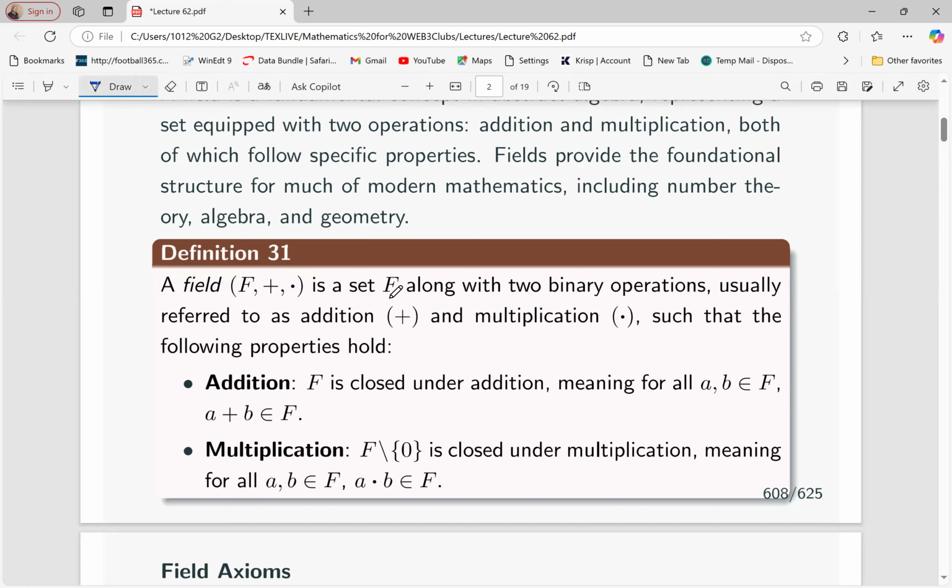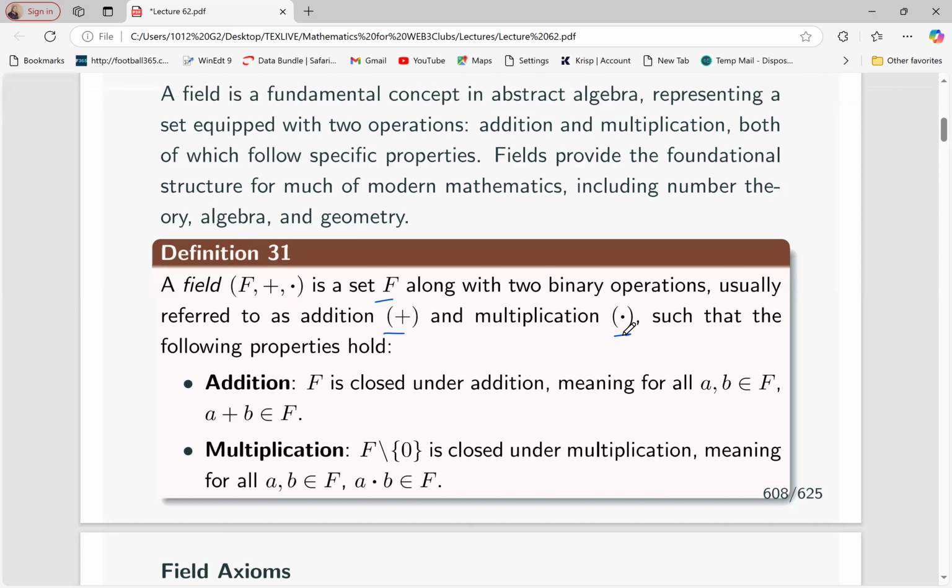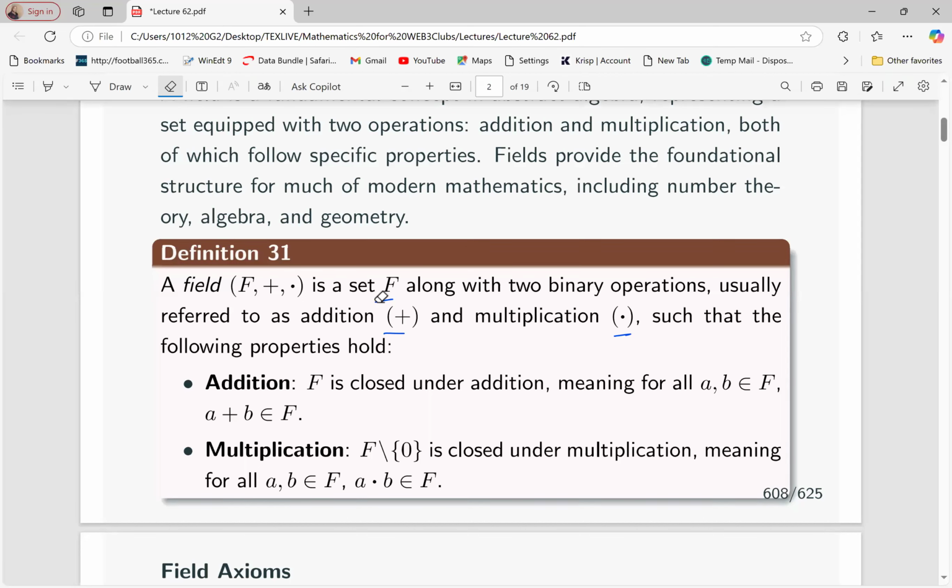A field is a set F together with these two operations that we call addition and multiplication. And these two operations must fulfill some conditions. Those conditions, we've already looked at them while we were looking at groups: closure, associativity, commutativity, and so on.